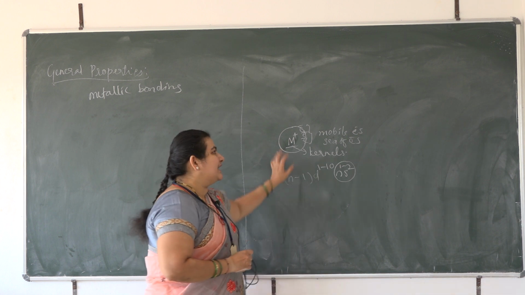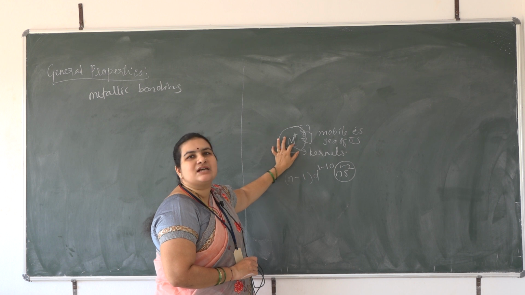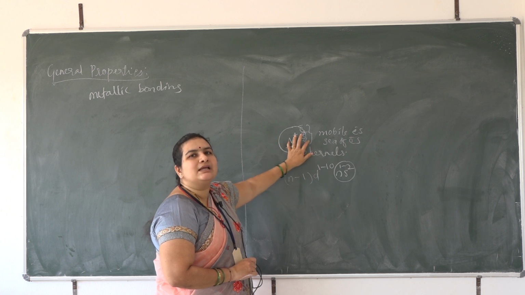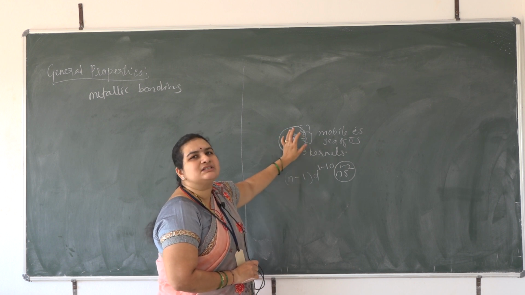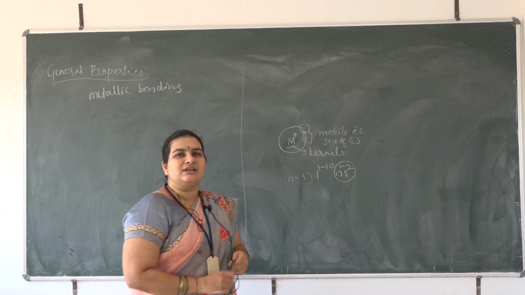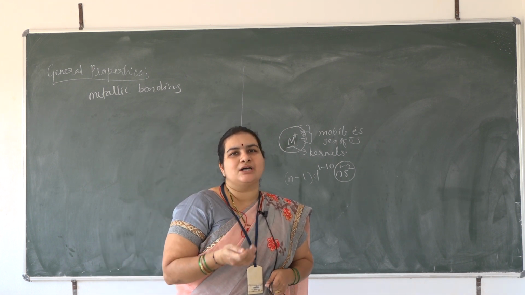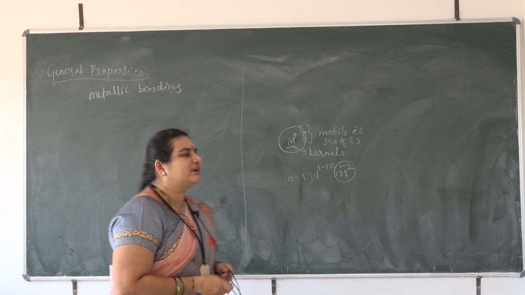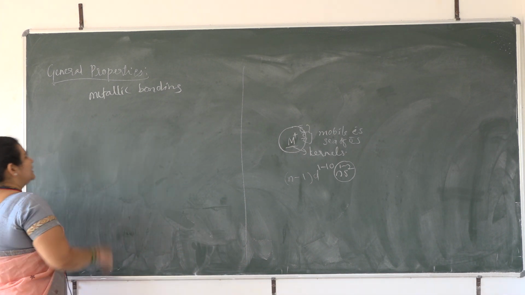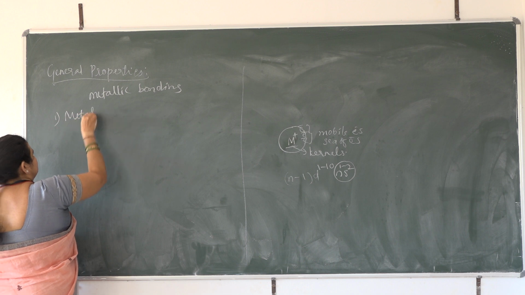There is an electrostatic force of attraction between positively charged kernels and mobile electrons. Because of this attractive force, many properties of the D blocks can be explained.